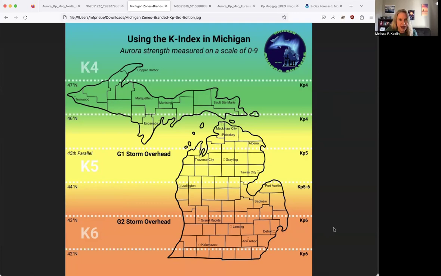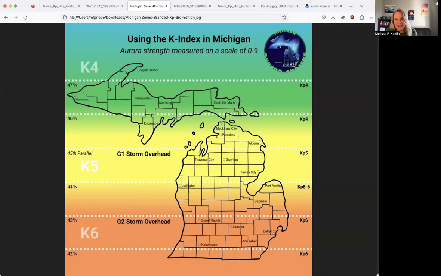So how do you read this map? Again, you can think of this as aurora strength measured on a scale of 0 to 9, 0 being the weakest, 9 being the strongest. If you're at the North Pole, for example, looking for the northern lights, all you really need is a K1, KP1 to see aurora. You don't need much, maybe a KP2.